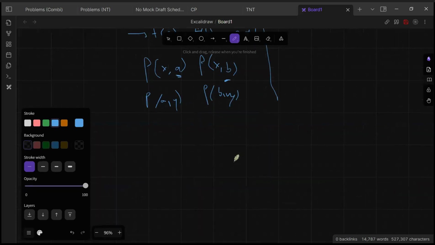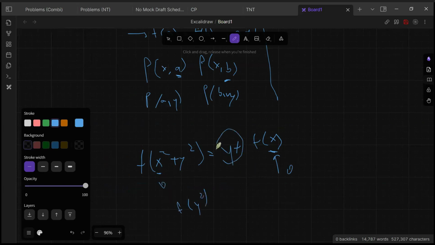Surjectivity is usually if you have something free, like you have f of x squared plus y squared is equal to y plus f of x, then you can say, well, I'll put this as constant, like x is 0, so this is 0. So what you get is f of y squared. You have this free variable, right? So usually when you have a free variable, you will get surjectivity.